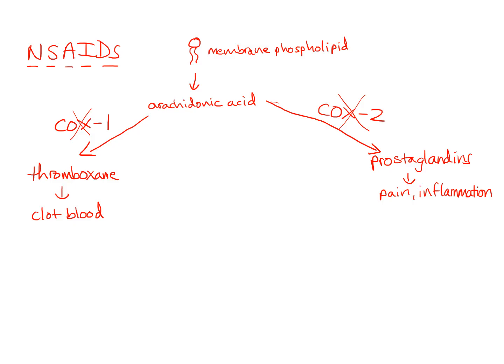Okay, the other thing the COX-1 enzyme will do is it will take the arachidonic acid and you'll produce some prostaglandins. And these prostaglandins will increase the mucus in your stomach.